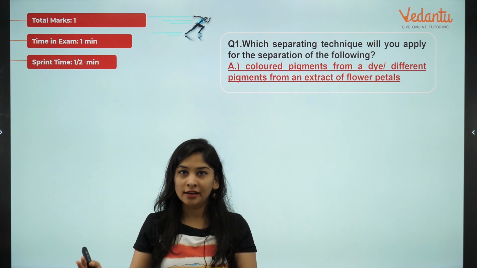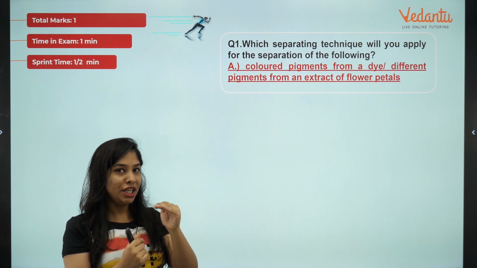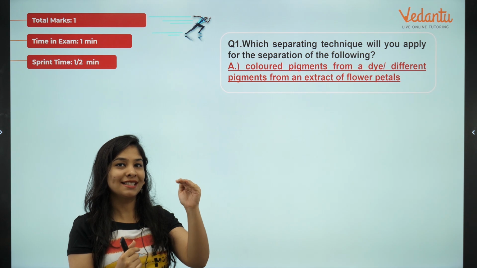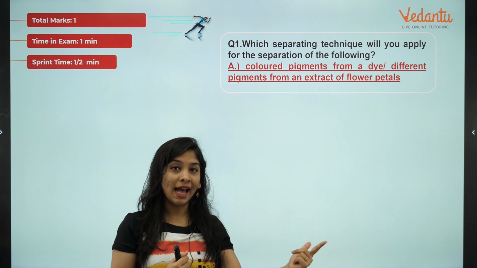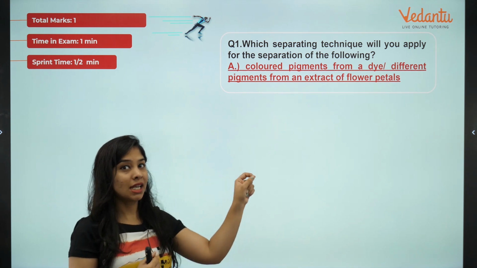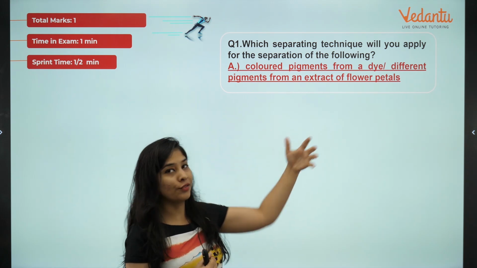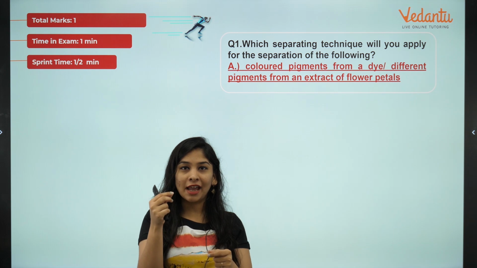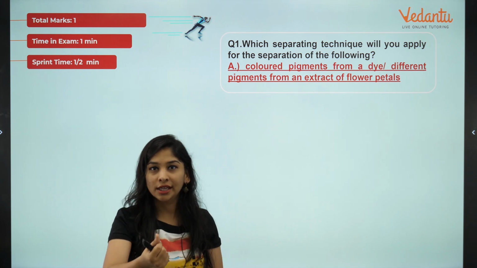To impart its color. So what we are going to do right now is separate each and every color present in that dye. Which dye do we take? Whatever you want, black or blue, you can take any dye. And this same technique can be applied for different pigments from an extract of flower petals. If you have seen flower petals, they also have many kinds of colored dyes.